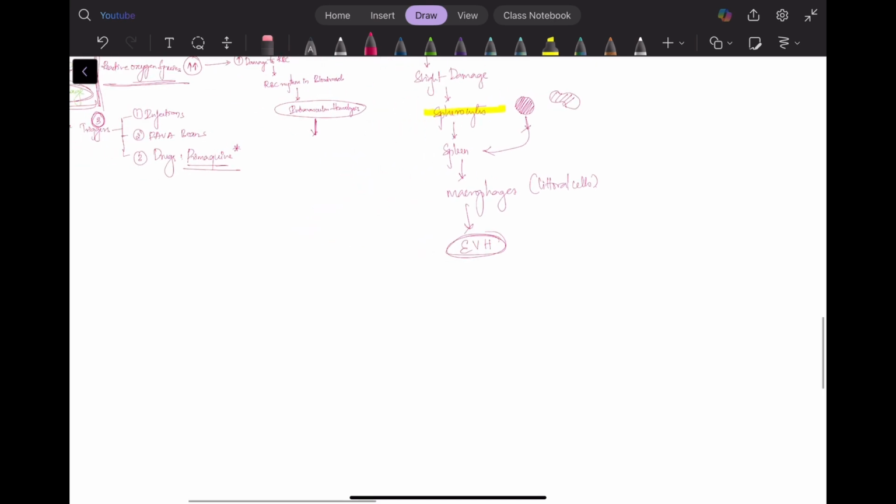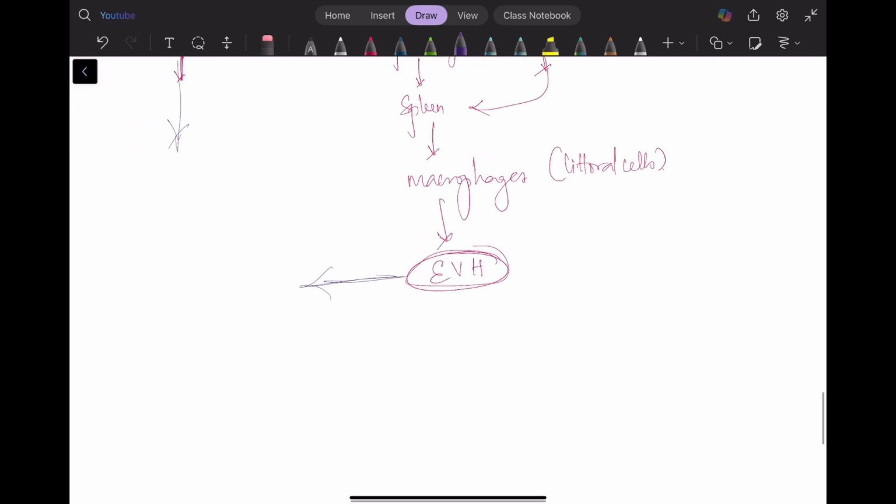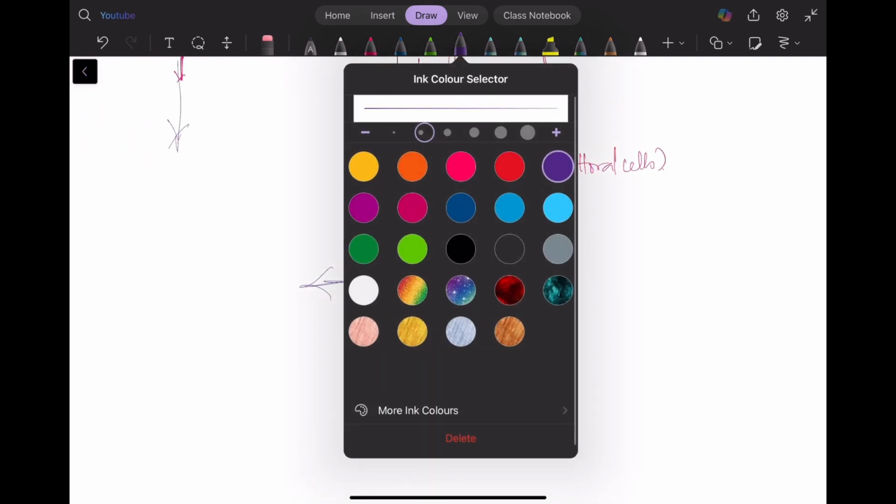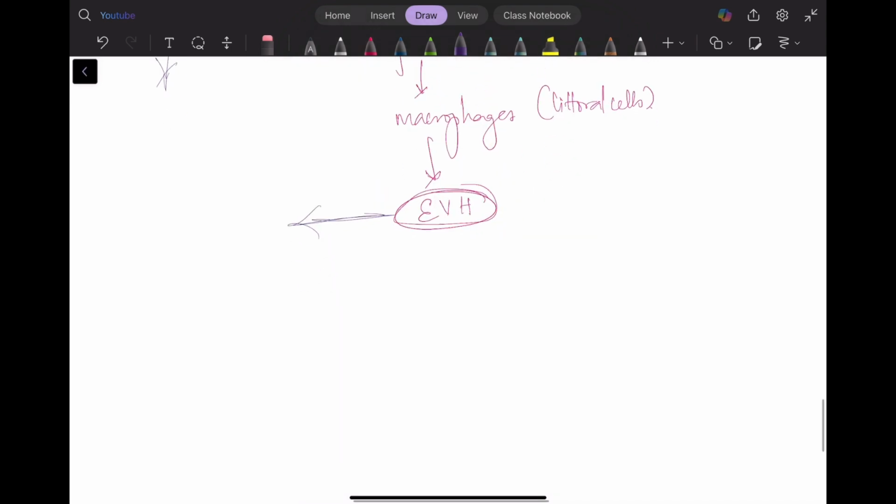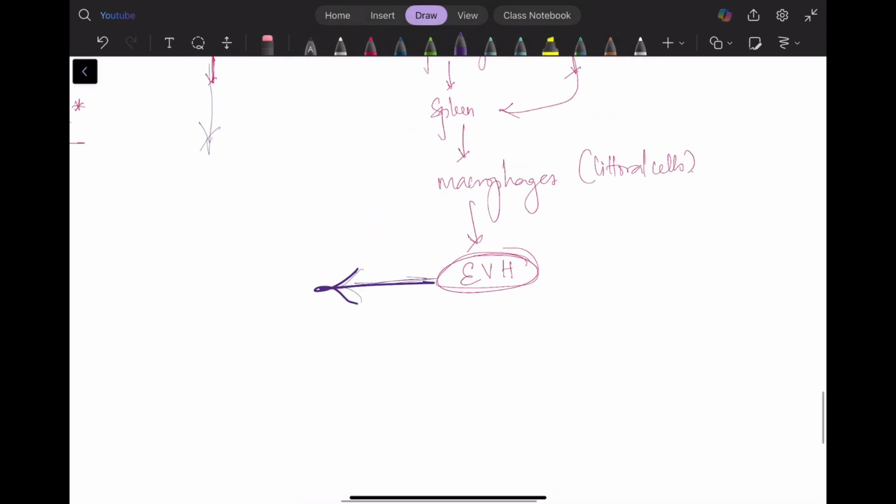This is the basic. So the important point why I taught you both here is, you see both here. Extravascular also happens. You see extravascular also, you see intravascular also.